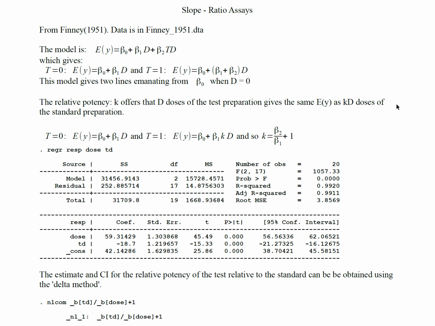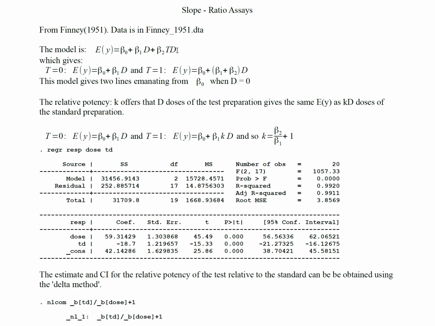Okay, so here I'll show you the data in a minute, but here is the regression analysis where we have the response, which is assumed to be a measured or continuous response. And we have two explanatory variables. We have D and TD.